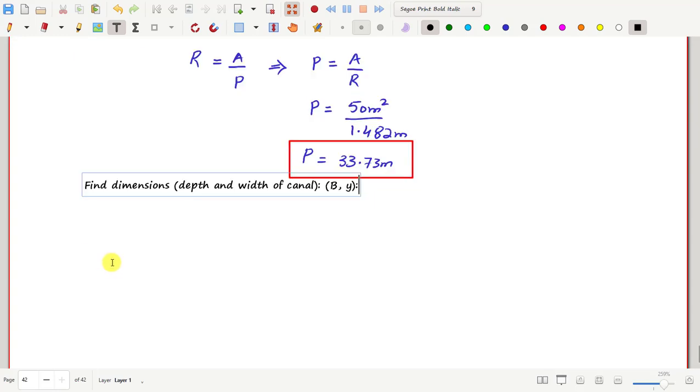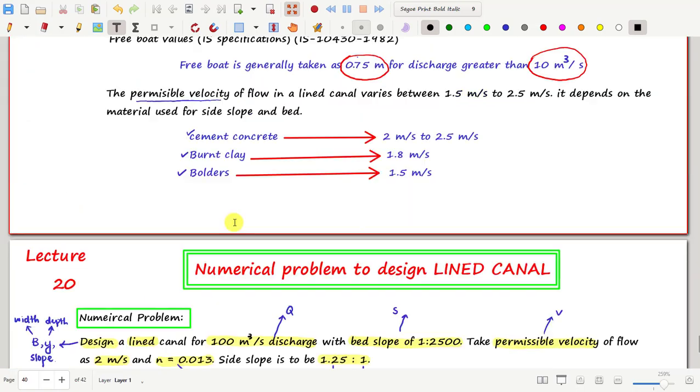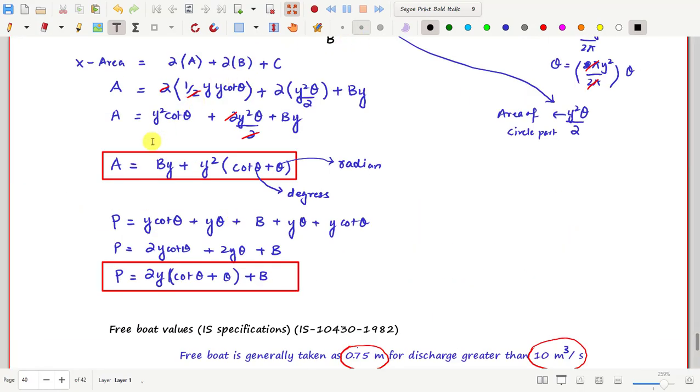For that we have discussed two equations in our previous lecture, one is this and one is this. We are going to use these two equations because we already got the value of area and wetted parameter, and B and Y are unknown. We already got the value of theta in degrees and theta in radians too. So we will put these values, solve these equations, and get the value of Y and B.